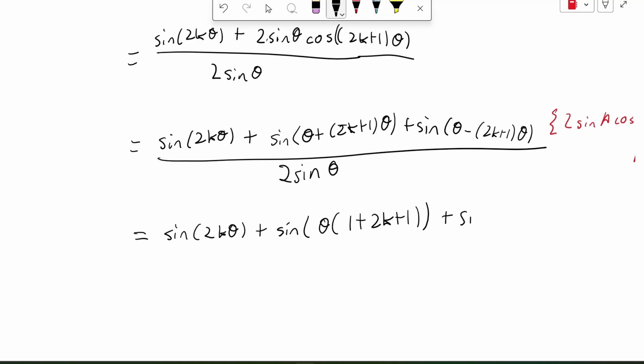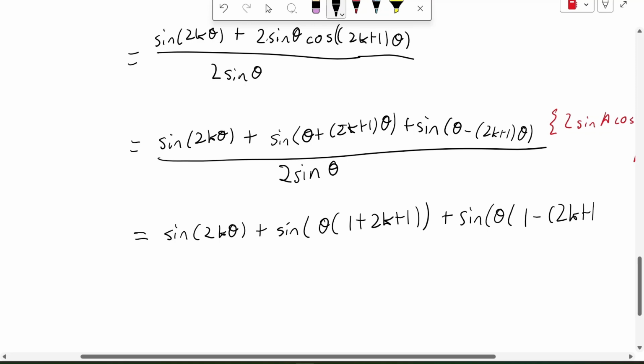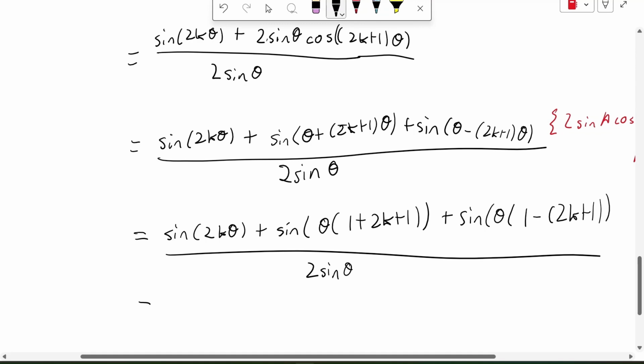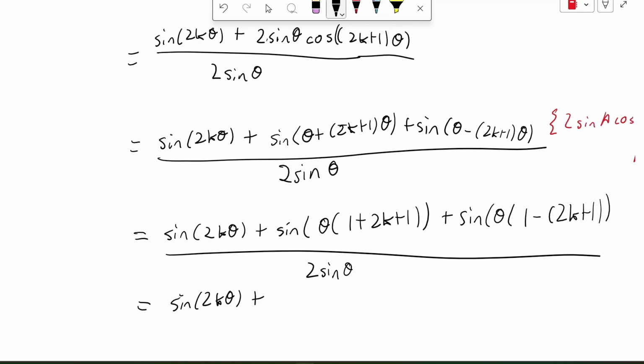So sine of theta with 1 take 2k plus 1, all over 2 sine theta. Now, this is going to become sine of 2k theta plus, now this just becomes sine of 2k plus 2 theta, that middle term. And then the last term, if I go 1 take 2k plus 1, that actually becomes sine of minus 2k theta.